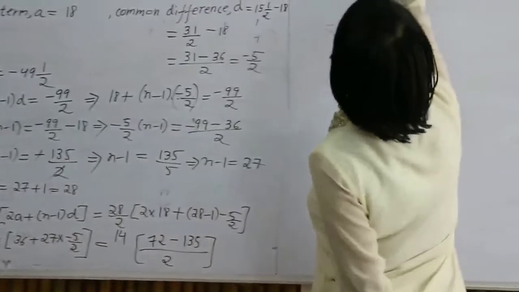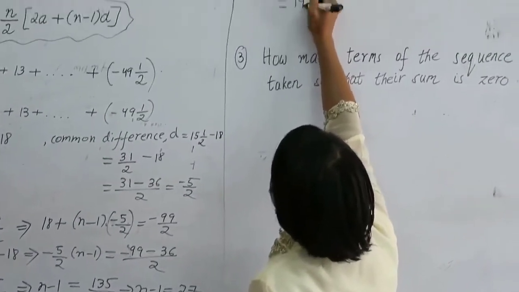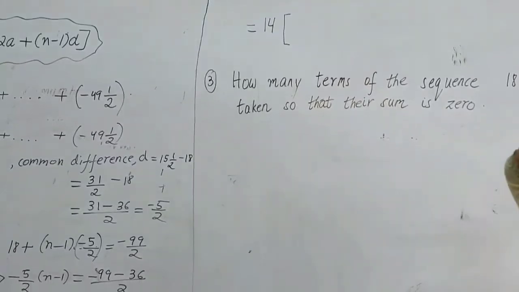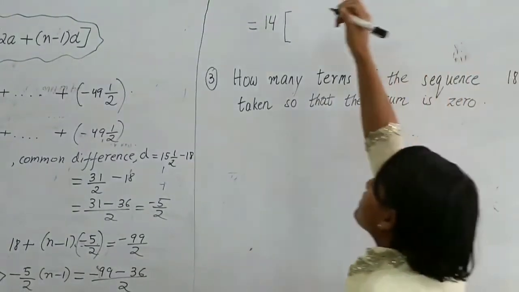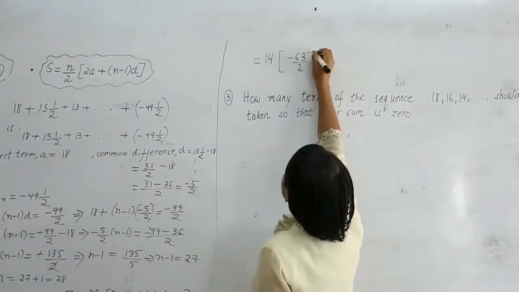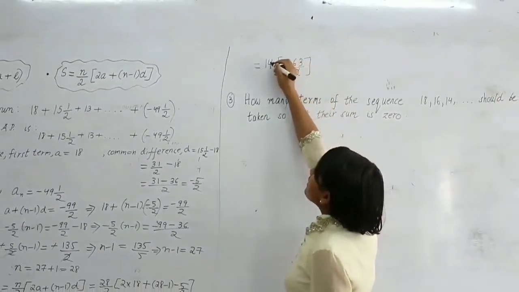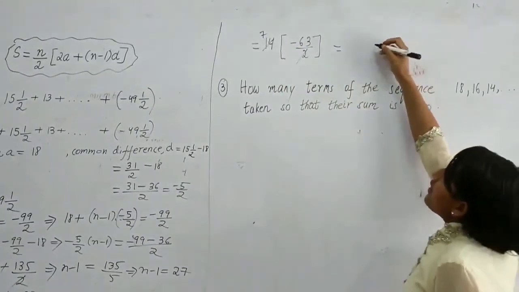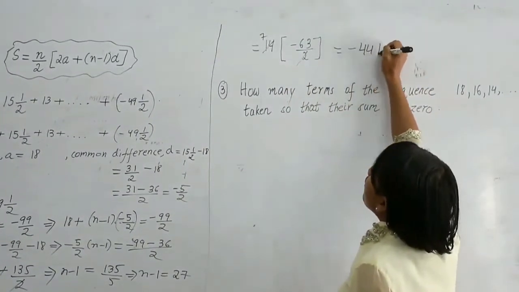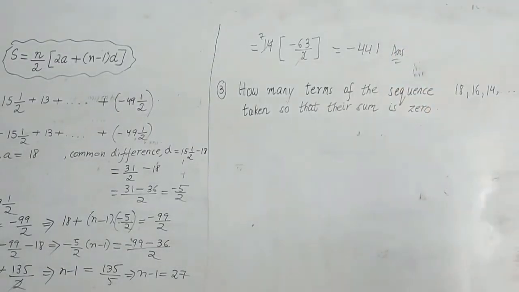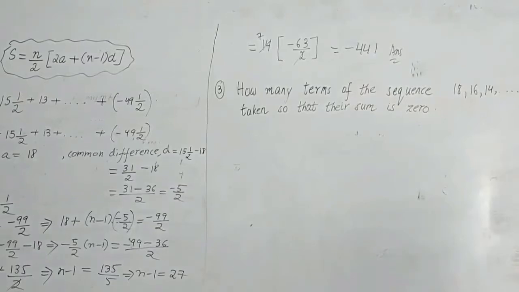So it will be equal to 14. This one will be minus 63 by 2. Okay, then you cancel, 2 7s are 14. So you get minus 441. So this is the answer, okay, to this problem.